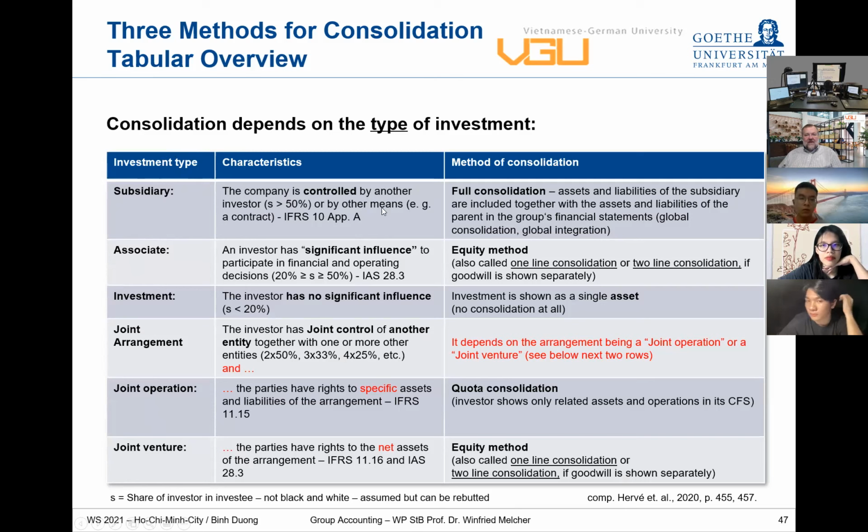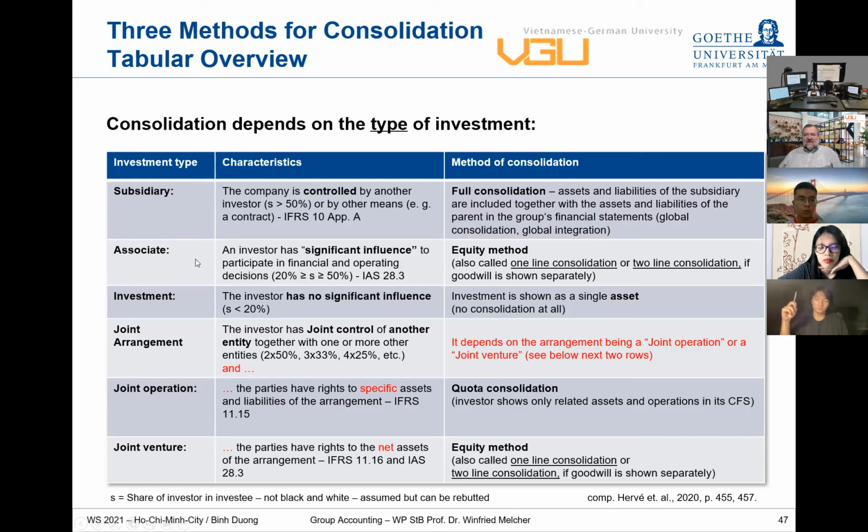That could be a contract. And if you have a subsidiary, then the method of consolidation is the full consolidation. All assets and all liabilities of that subsidiary are included, together with the assets and liabilities of the parent in the group's financial statements. So that is a global consolidation or a global integration, as it is also called in practice.